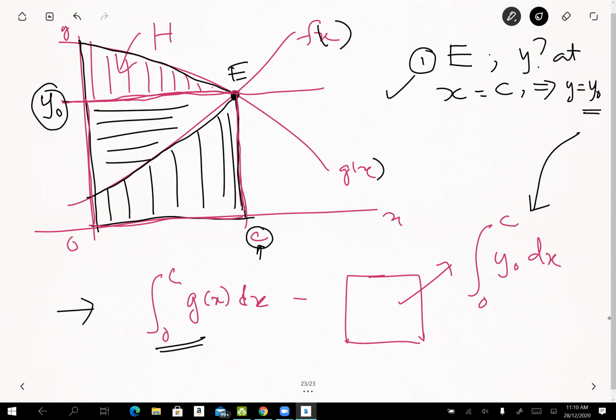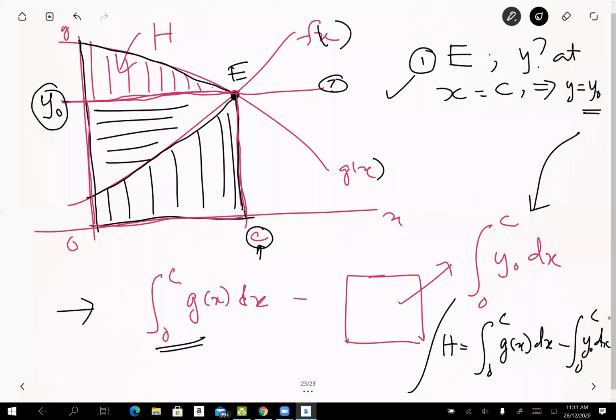So the area H is equal to the integral from 0 to C of G of X dx, take away the integral from 0 to C of Y0 dx. Now Y0 is a constant, the horizontal line. So if you integrate that, that will be the area of the rectangle.